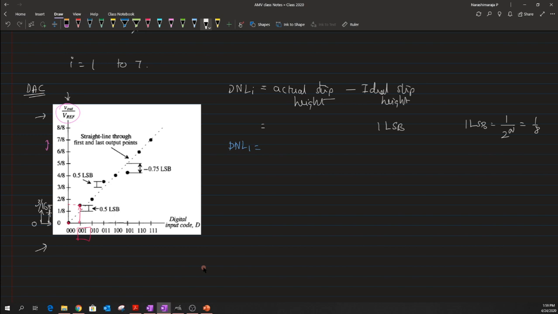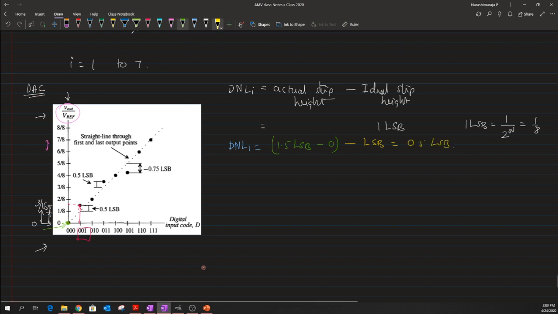So, it sums up to a total value of 1.5 LSB, minus the previous value, which is at 0, minus this ideal value, which is 1 LSB. So, that results in 0.5 LSB.